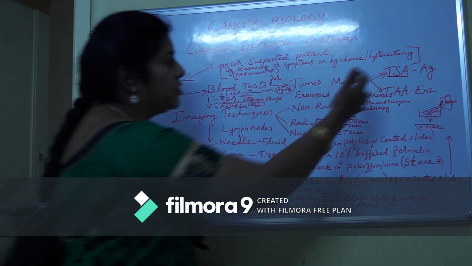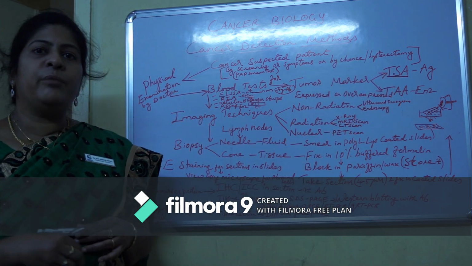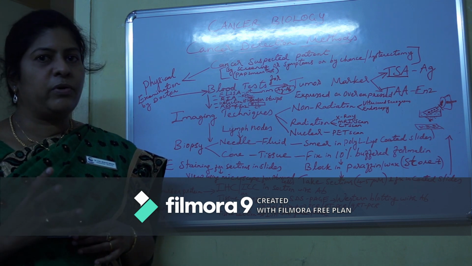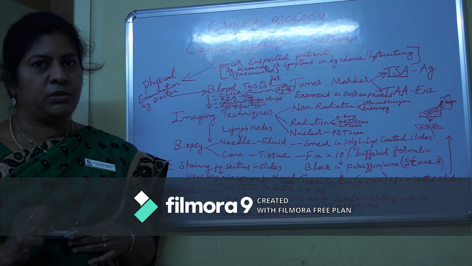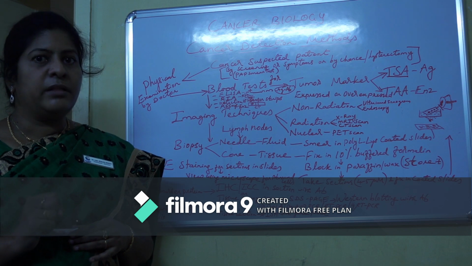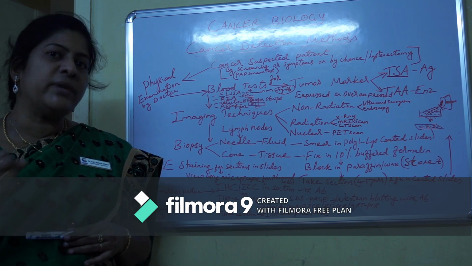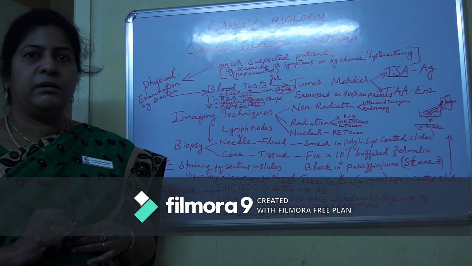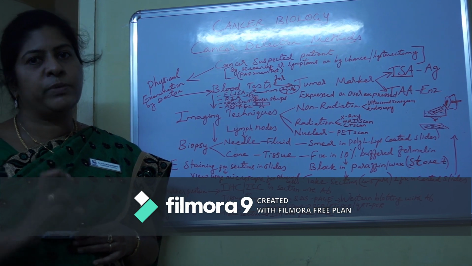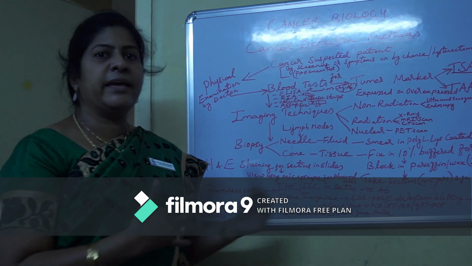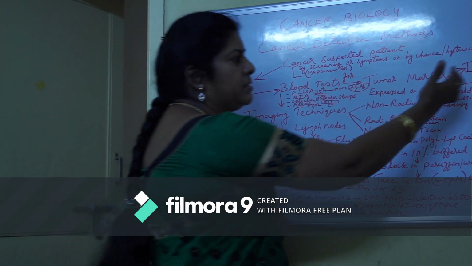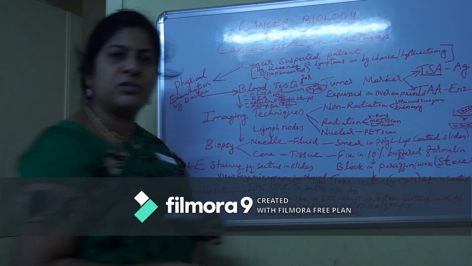Similarly, for tumor specific antigens we have mutated proteins. Normal proteins which control cell growth are called tumor suppressors. When these normal proteins are mutated, they will not do their function. So these are called tumor specific antigens. Likewise, there are many tumor specific antigens and many tumor associated antigens.